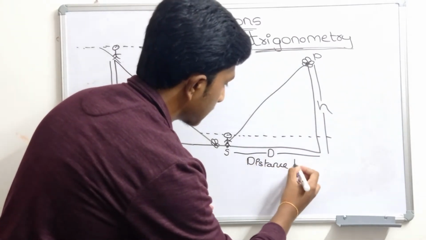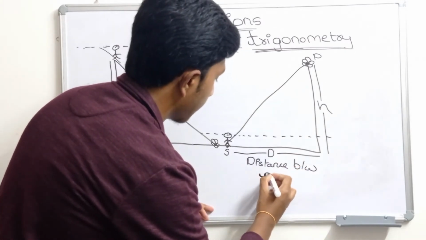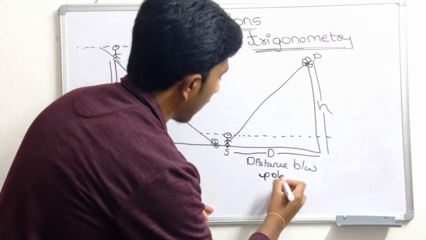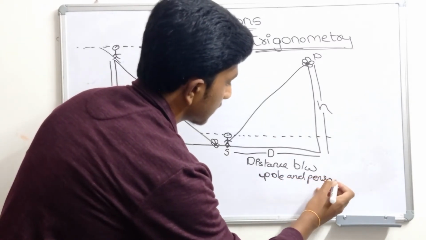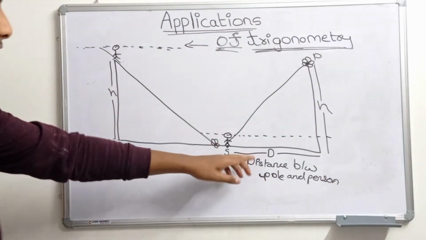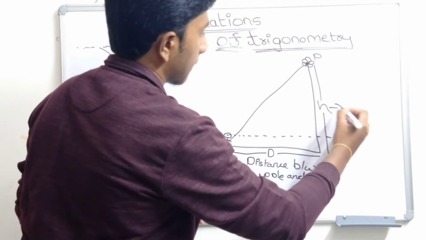This is the distance between the pole and the person.